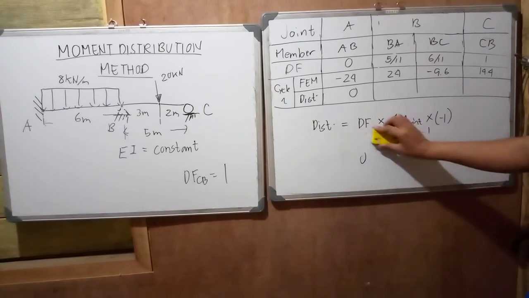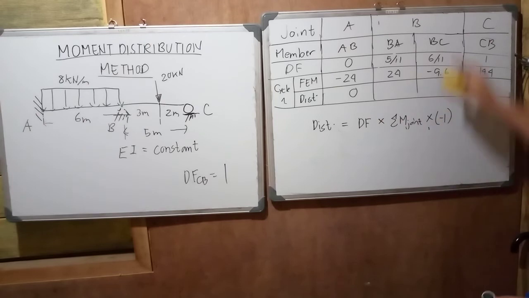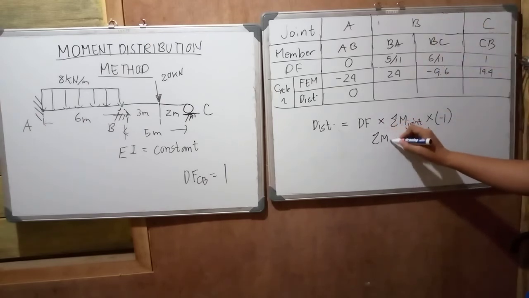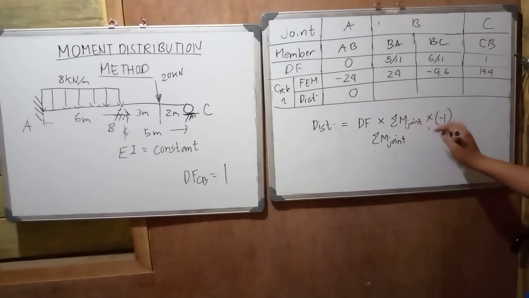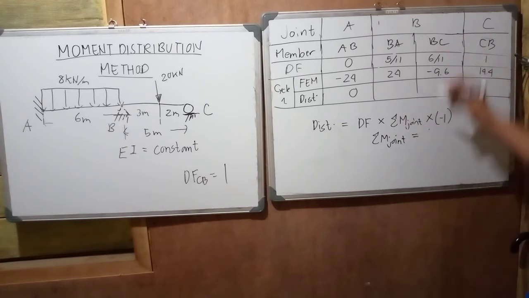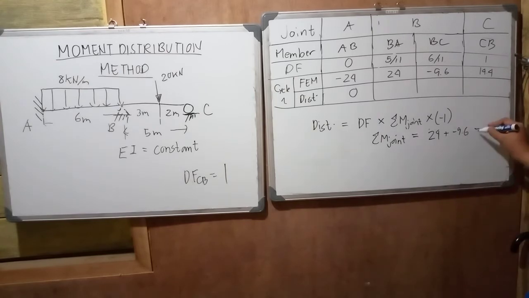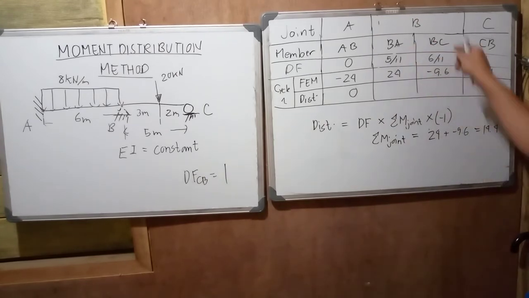Dito naman tayo kay B. So, summation of moment at joint natin is equivalent to 24 plus negative 9.6. Pag i-add mo yan, this is 14.4. Okay? But somehow, iba yung pag-compute natin kay BA at kay BC.